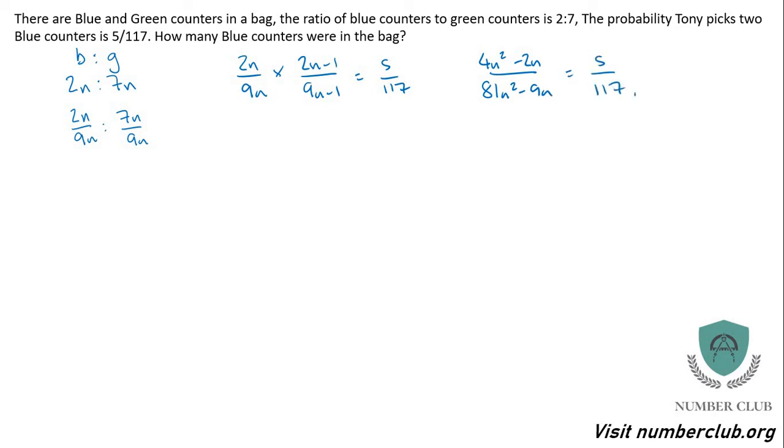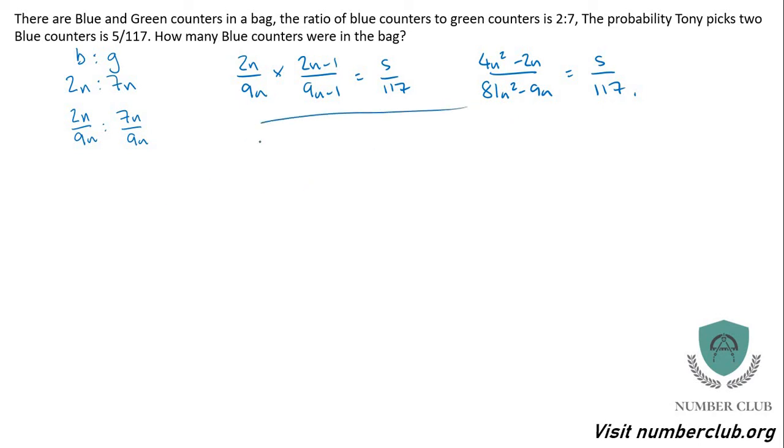Have a think, what should we do next? So we're going to cross multiply. We're going to multiply by 117, and we're going to multiply up by 81n squared minus 9n. So 4 multiplied by 117 comes out as 468n squared.